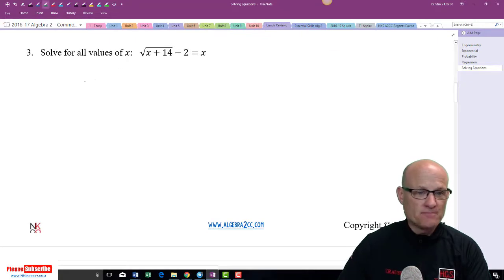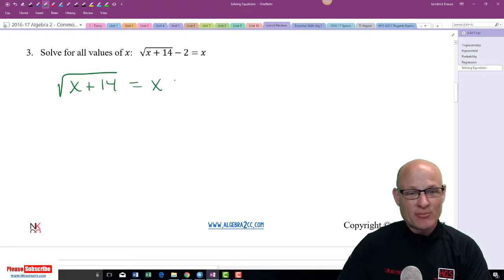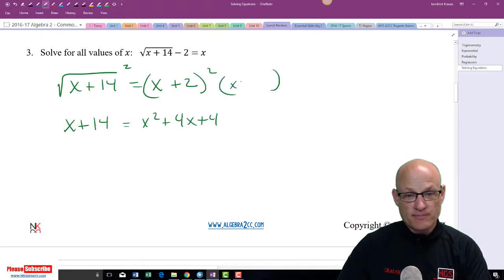All right, let's try this one. Bring the 2 over, so I get the square root of x plus 14 equals x plus 2. Square both sides. I get x plus 14 equals x squared plus 4x plus 4. Remember, you're writing it twice. Since this is positive, I'm going to move everything to this side.